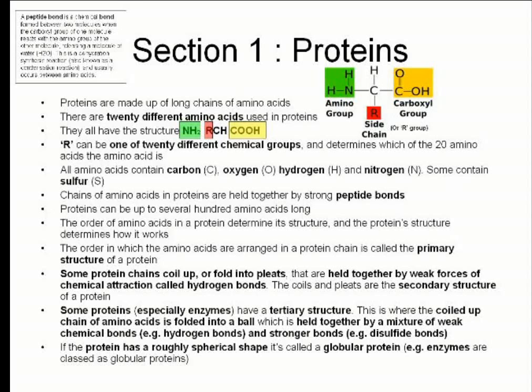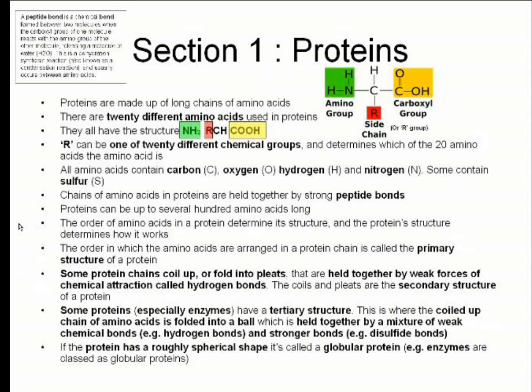It's all based on the chemical group of the R group, also known as the side chain, as we can see in this little diagram, top right. And you also have the amino group, which is the NH2 part, and the carboxyl group, which is the COOH part.